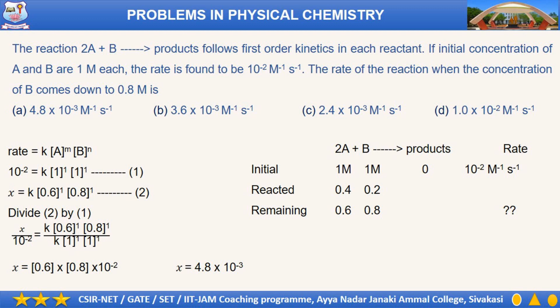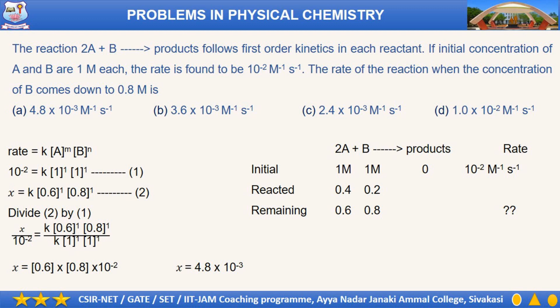What is the rate of the reaction they asked? The concentration of B is given, but what is the concentration of A? They have not given it. You have to calculate it. What is the decrease in the concentration?